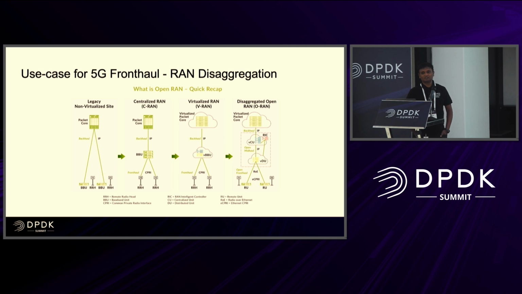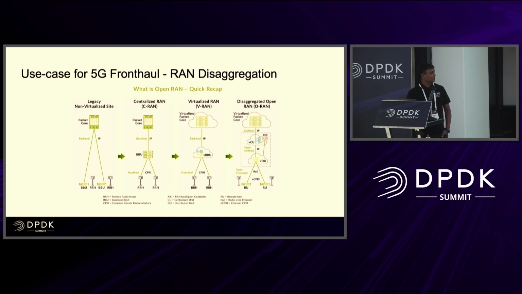BBUs and RRH were further disaggregated into what we call RU or the radio unit, the CU or the centralized unit, and the DU, which is called the distributed unit. The RU and CU were called the front haul, and all these CU, DU, and RU came in the form of a pod or a virtual machine.